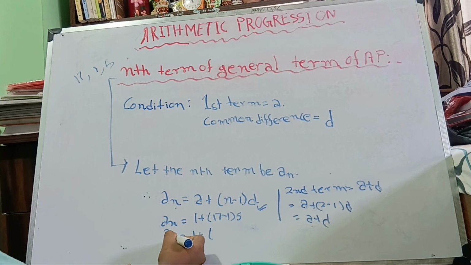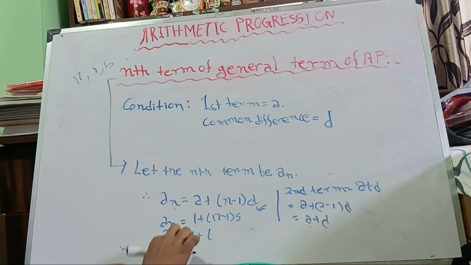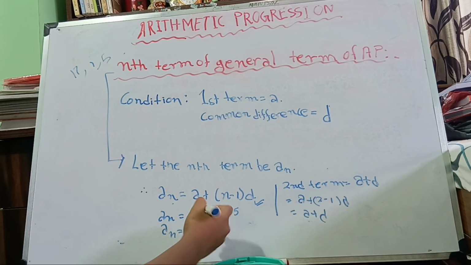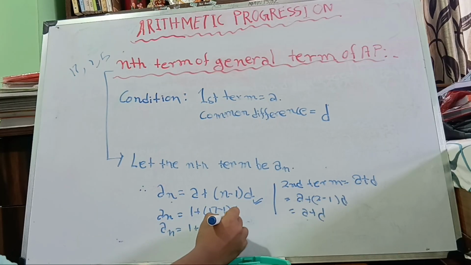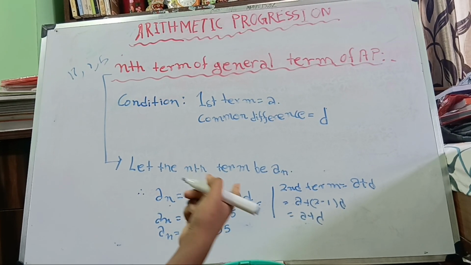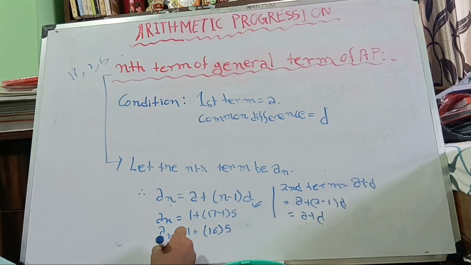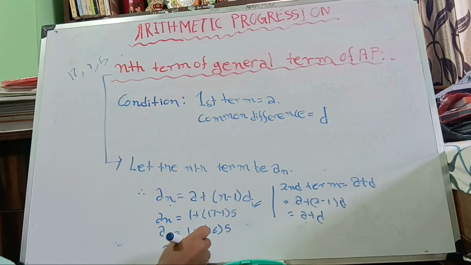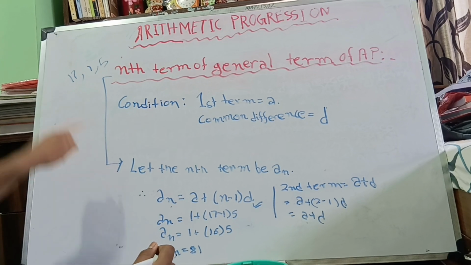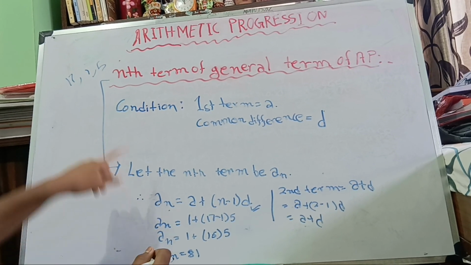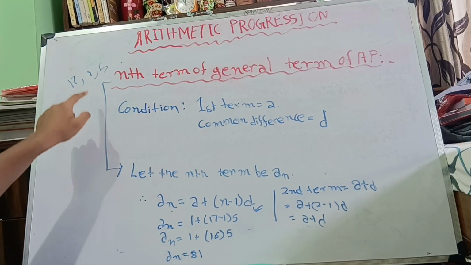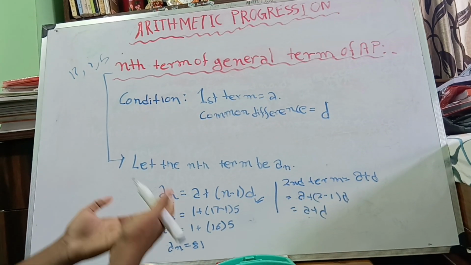We can write a17 here also, but if you write an, this is also correct. 16 multiplied by 5 means 80. Therefore an is equal to 81. So the 17th term of an AP starting with 1 and with common difference 5 is 81.